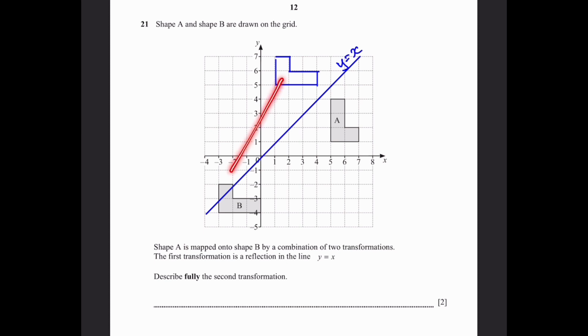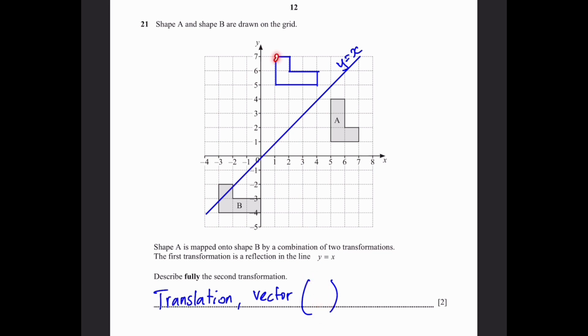Now we need to move this over here to get the second transformation. And moving means translating the object. So the transformation is a translation. And now we need to find the vector in a column vector with x and y, like that.